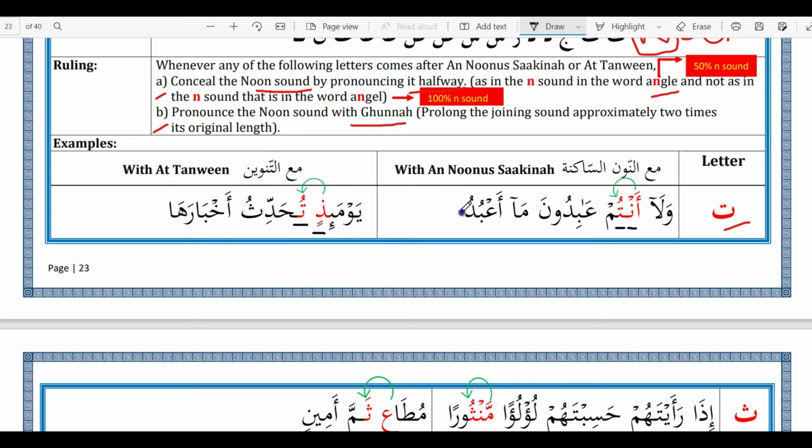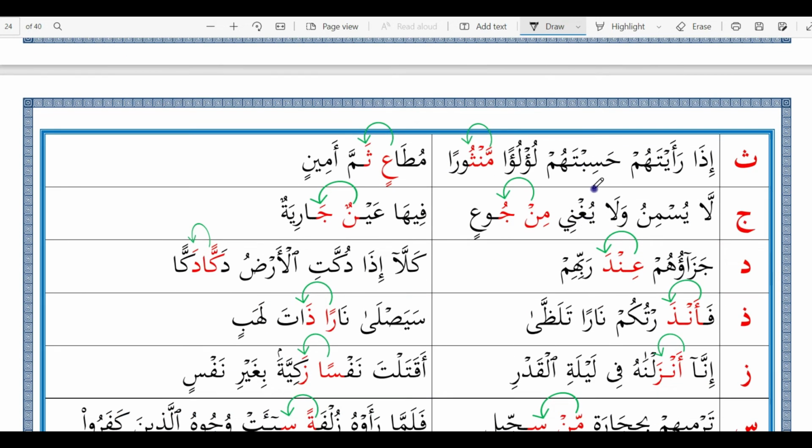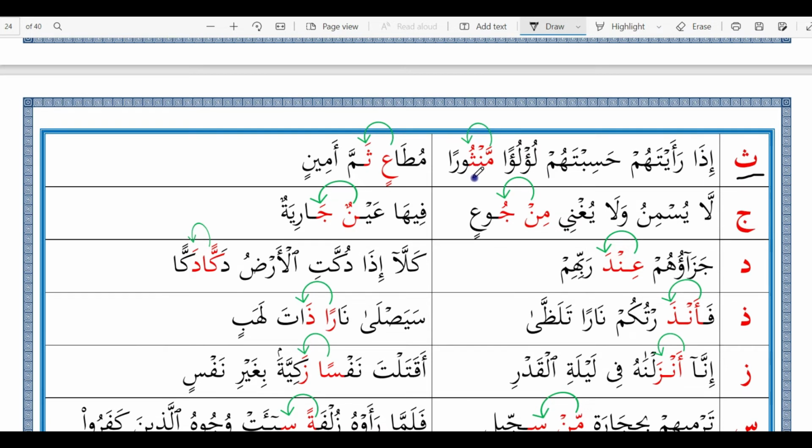Then the next letter here is tha. Here we have tha coming after Noonus Saakinah, and Noonus Saakinah is joined onto the meem with the fatha. So that gives us the sound man, manthura.